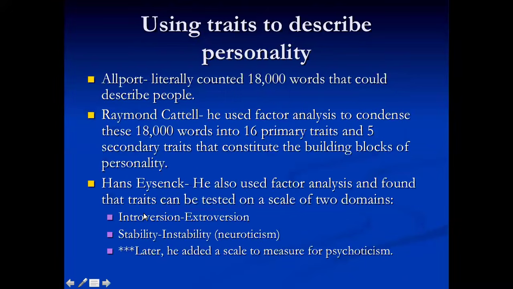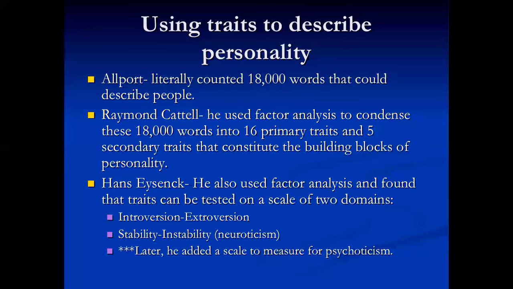Okay. So when Allport wanted to understand traits, he went into the dictionary and he found 18,000 words that could describe a person. So these are all aspects of character, a trait. Now, what Cattell did was really cool. Raymond Cattell took these 18,000 words and tried to find similarities.